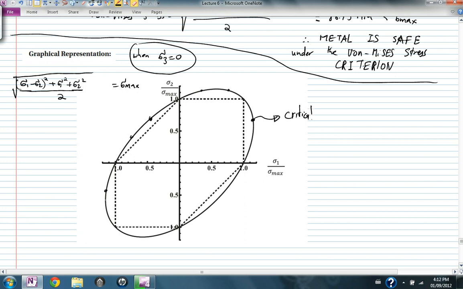It means that the material is about to fail. Any point inside means that the von Mises stress is less than sigma max, which means the material is safe, or the state of stress is safe.